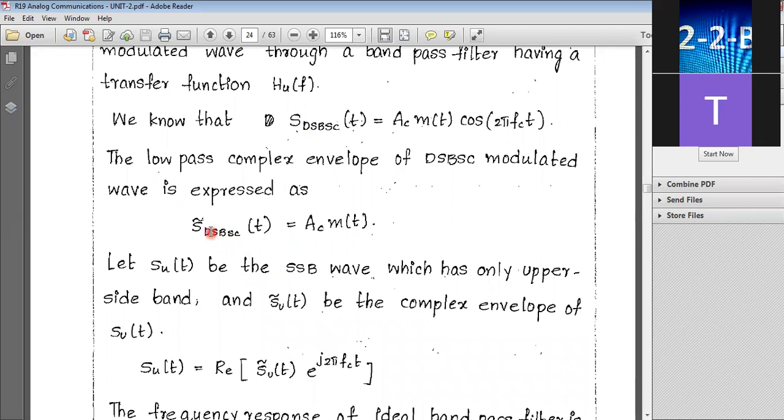And the complex envelope can be written as the double sideband suppressed carrier with envelope symbol, which is equal to Ac m of t. Now after that you take the SSB wave as Su of t, which has only either upper sideband or lower sideband. Let us assume that here we have the upper sideband.